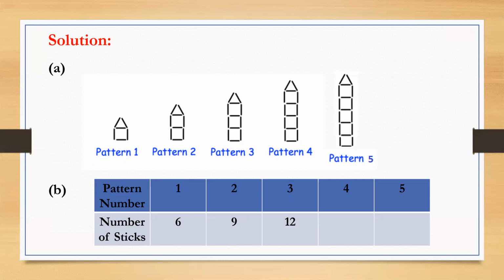Now for pattern 4 and 5, how many sticks will be used? So again, I try to find a pattern by considering the number of sticks used. So 6, 9, 12 will be 15 and 18 because we are adding 3.